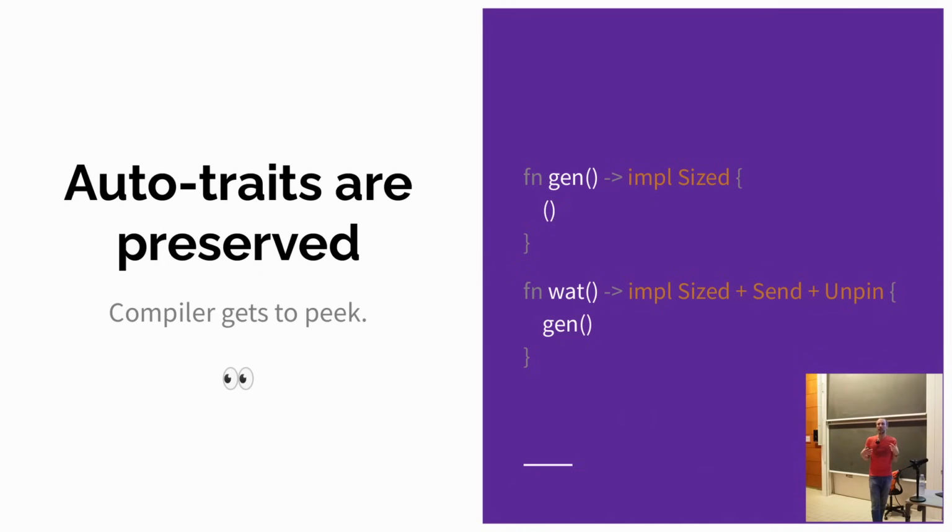And you might assume that this shouldn't compile, but it does, because Send and Unpin are auto traits, and the compiler is allowed to look through this opaque type into the hidden type and realize that this hidden type actually implements these traits. This might seem a little weird, it might seem a little leaky. It's because it makes impl traits a lot nicer to work with. But it's worth knowing about because this can be a backwards compatibility hazard.